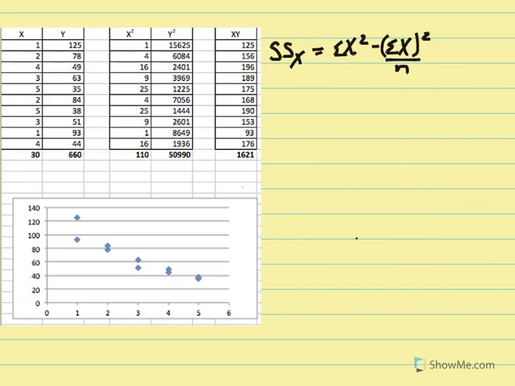So we'll begin with SSX. Here again we have our original X values over here on the left, and then we have the sum of X, and then we have our Y, and we have the sum of Y. And over here we have X squared, which is simply taking our X values and squaring them. So therefore the 110 represents the sum of X squared, all of our X values that have been squared.